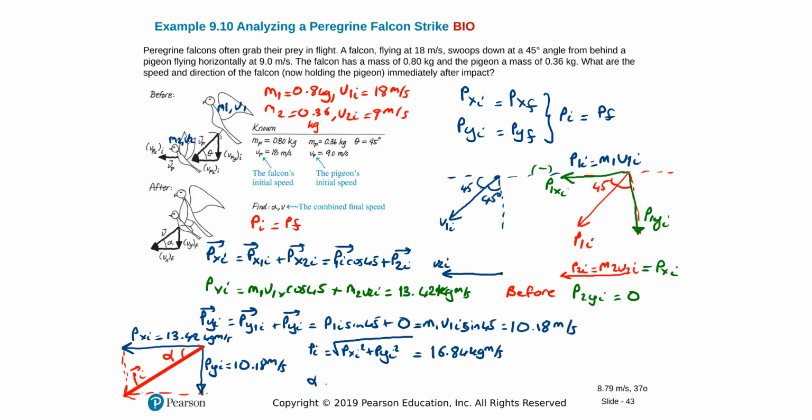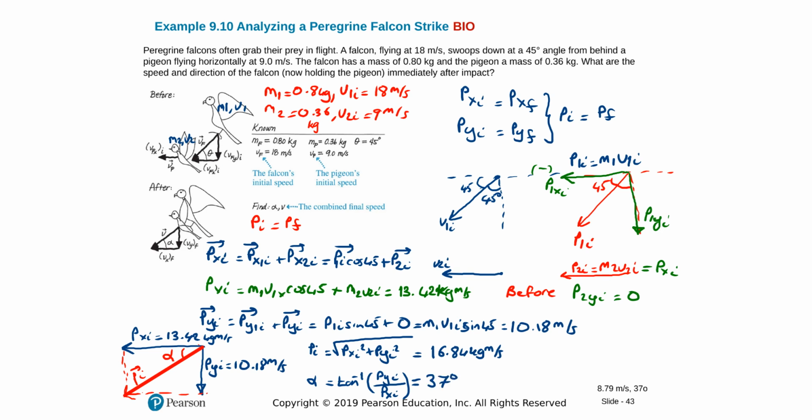Direction alpha is, as always, tangent inverse of the y component over the x component, so Py initial over Px initial. And that will give you an angle of about 37 degrees.